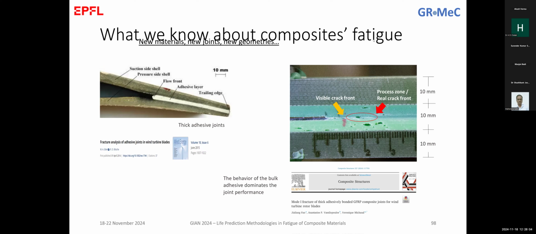In the case of thick joints, which is part of the investigations that we have been doing the last 4 or 5 years, we see that the adhesive itself plays a very significant role for a lot of reasons, and some of the reasons are related to the structure of the adhesive itself.